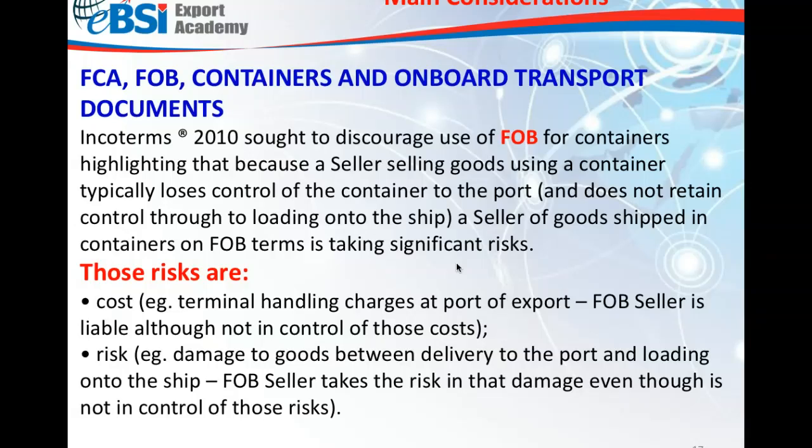Those risks are with respect to cost, for example, the terminal handling charges at the port of export. The FOB seller is liable, although not in control of those costs. And risk, where there is damage to the goods between delivery to the port and loading onto the ship. The FOB seller takes the risk of that damage, even though it is not in control of those risks.